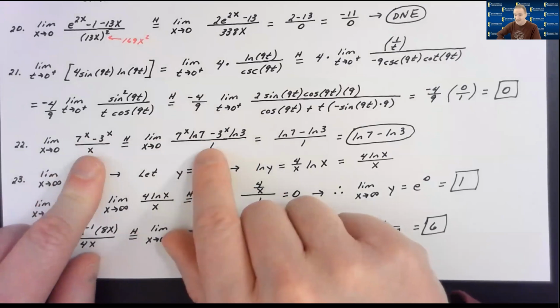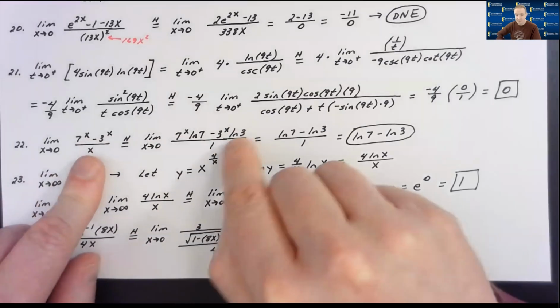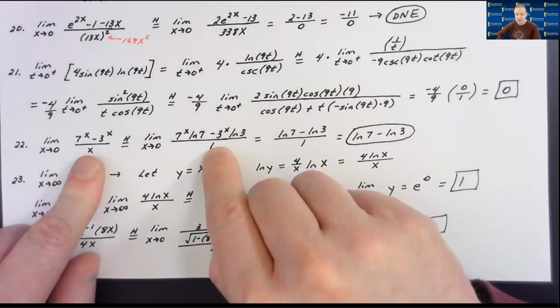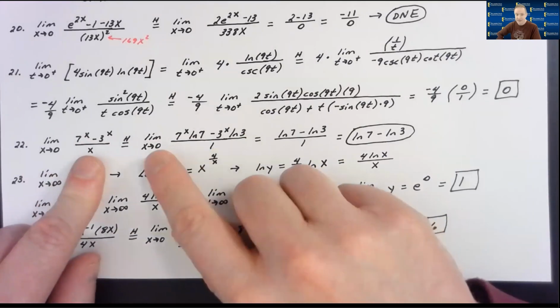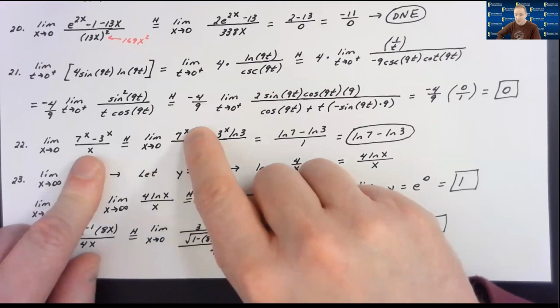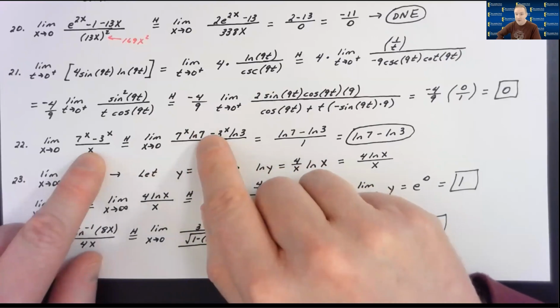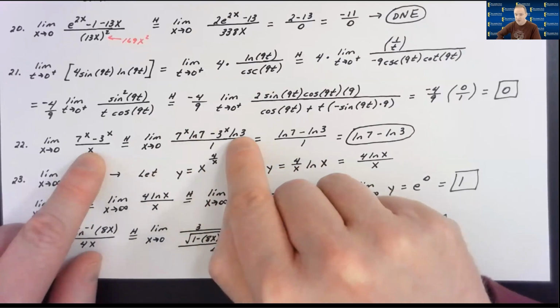As soon as I see that 1 down there, I know I'm done, though, because L'Hopital only applies if it's 0/0 or infinity over infinity. It's no longer either of those. So I can take my limit. When I do, any exponential function to the 0 power is 1. So you're going to have 1 times the natural log of 7 minus 1 times the natural log of 3.